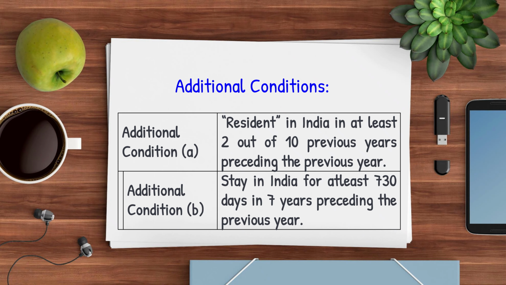So the additional conditions are: resident of India for at least 2 out of 10 years prior to the previous year, and the second additional condition says stay in India for at least 730 days in 7 years preceding the previous year.